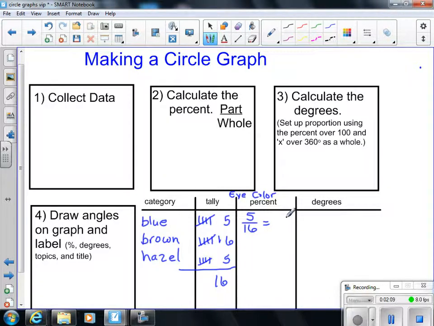Everybody agree with 31%? Are your calculators out working? Now, did this come out to be a nice number? No, and when you're dealing with real data, it may not come out to be nice. So let's go ahead and round this to the nearest whole percentage, and we get 31%. All right, let's do the same with the brown. 6 out of 16.